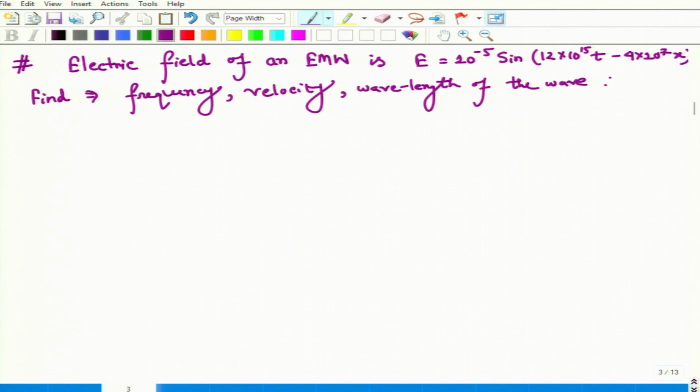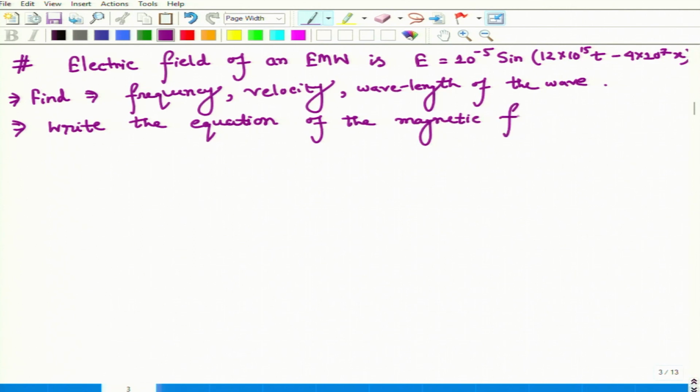This is the first part of the question, and they have also asked to write the equation of the magnetic field corresponding to the wave.